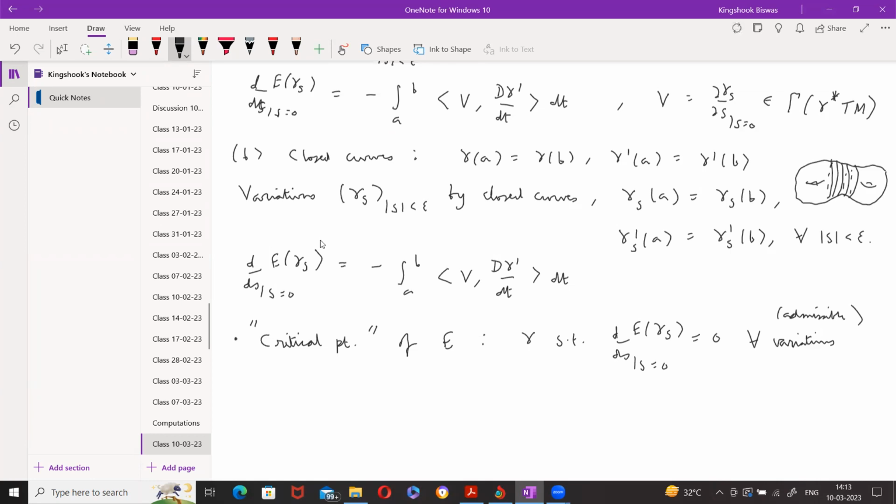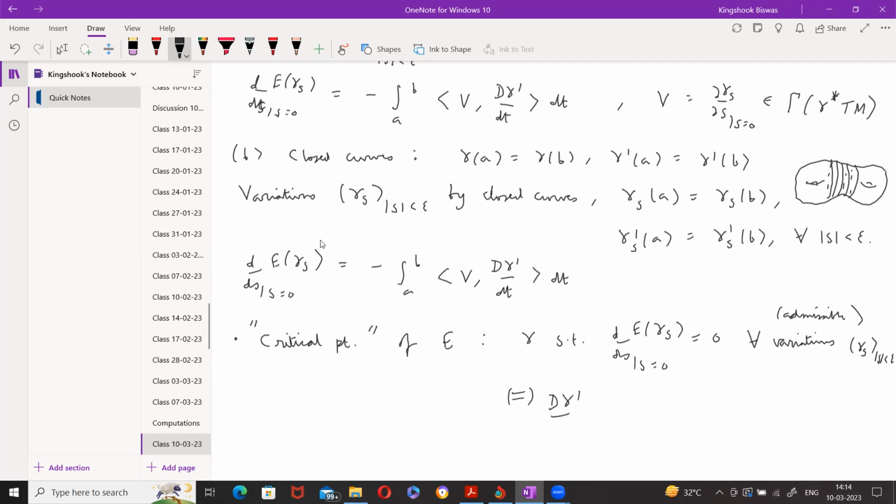So in either case, A or B, a critical point of the energy functional means a curve gamma such that for all admissible variations, the first derivative of the energy is 0. This happens if and only if gamma is a geodesic, right?